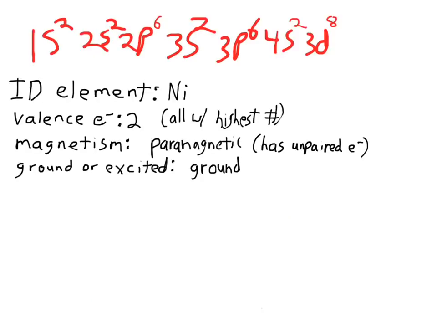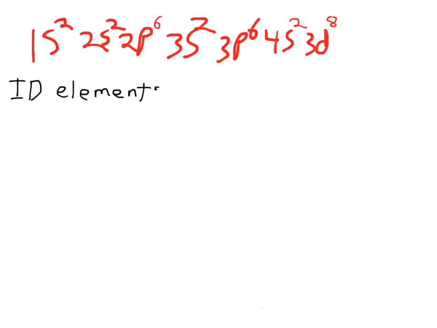Or you can count the number of electrons. So you can just say 2, 4, 10, 12, 18, 20, 28. You just find number 28 on the periodic table. It's nickel.